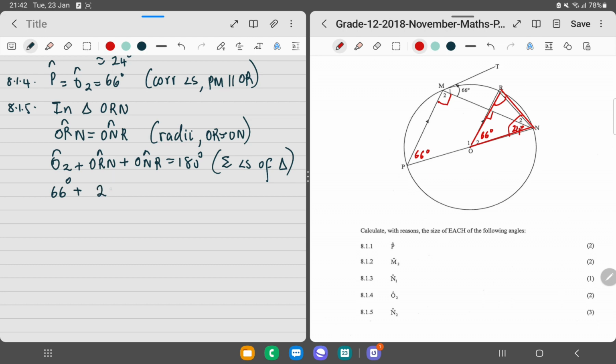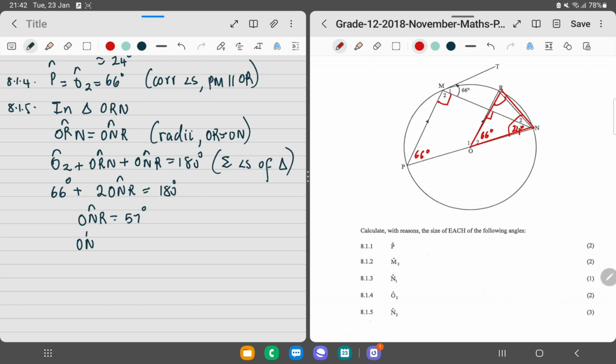So this is going to be 2 ONR equal to 180 degrees minus 66. So ONR is equal to (180 minus 66) divided by 2. So I'm getting 57 degrees.